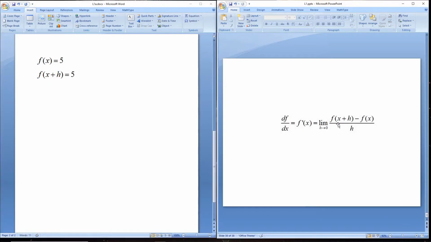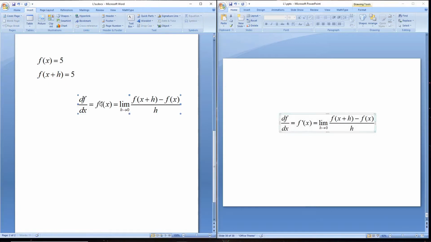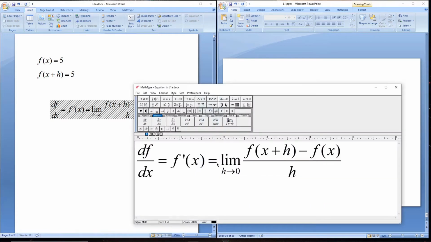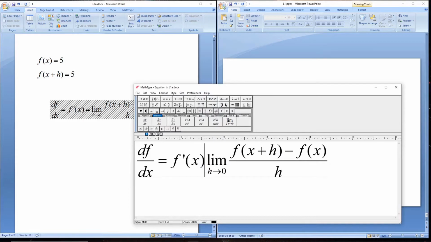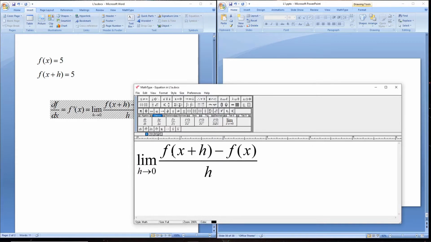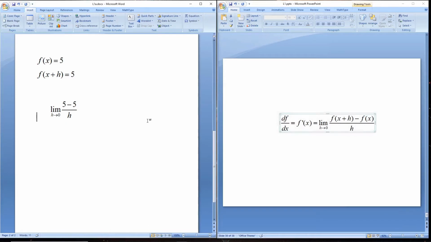So let's take this over here and plug stuff in. So we have f of x plus h is 5. We have f of x is also 5. So all I did was plug our information into the limit.